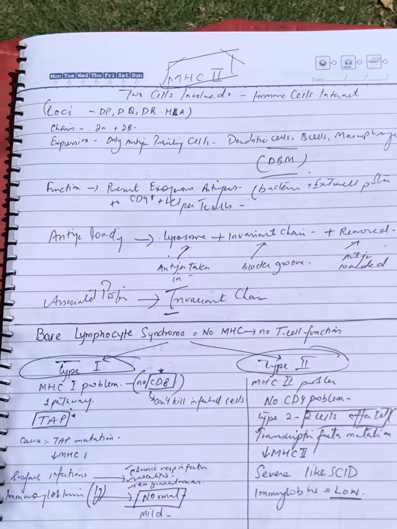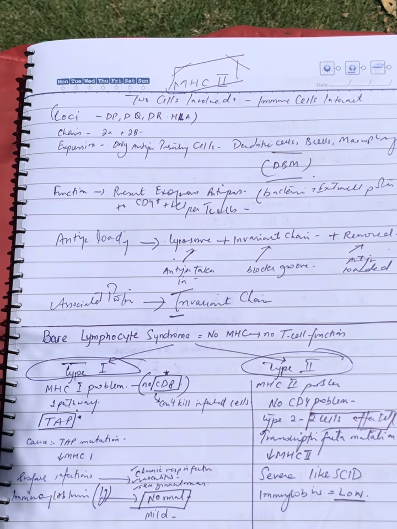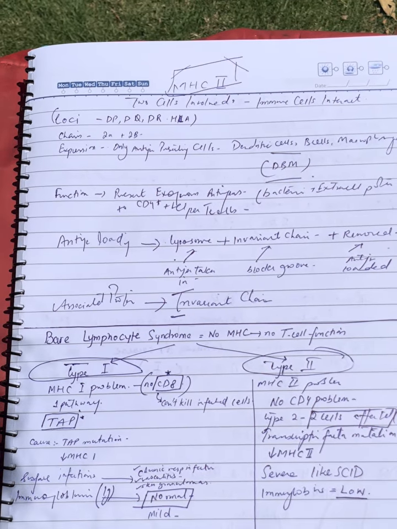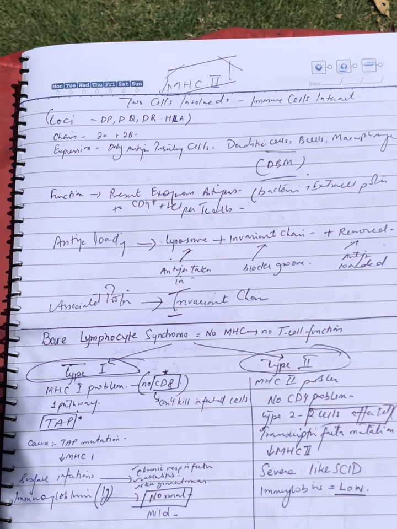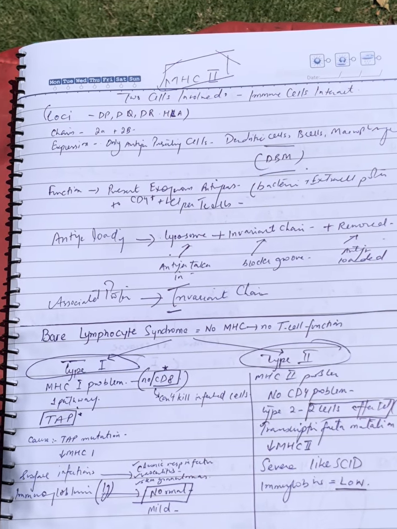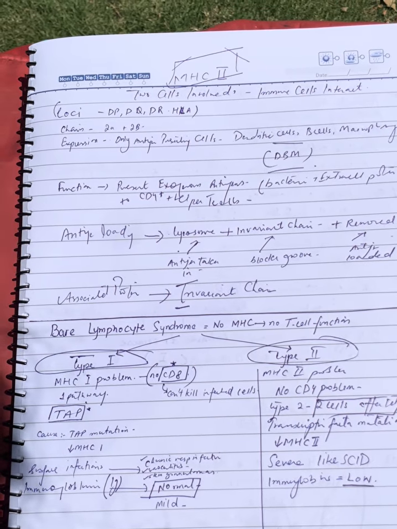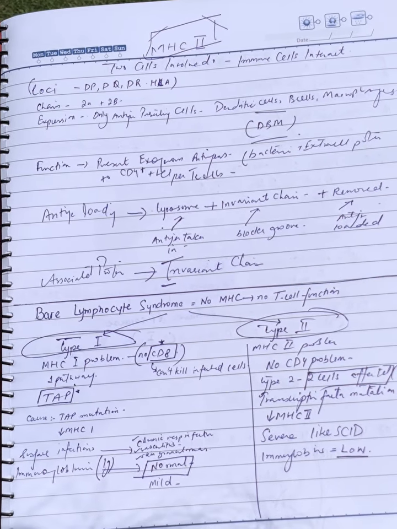There is only one pathway, the TAP pathway. The reason could be a mutation in TAP or decreased levels of MHC1. It can result in surface infections, for example chronic respiratory infections, vasculitis or skin granulomas, and immunoglobulins are normal or mildly decreased.